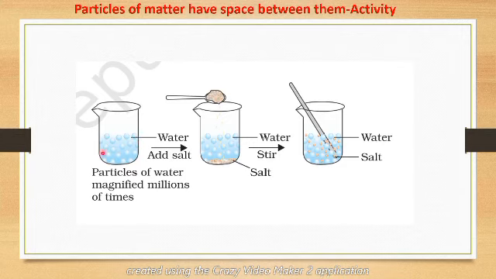We can see this water here. This is the magnified view of water. We can see the particles of matter in this figure. These are the particles of water or the particles of matter. Water is a matter. So these are the particles of water.